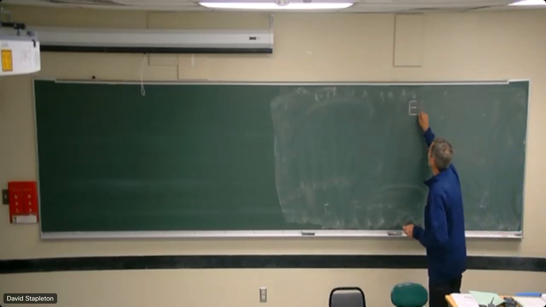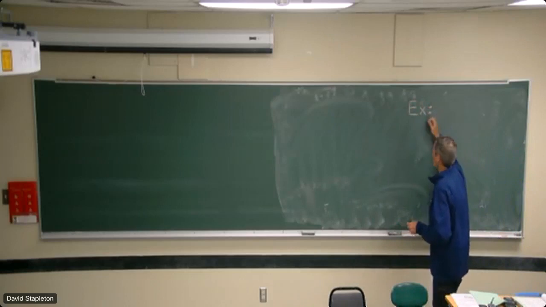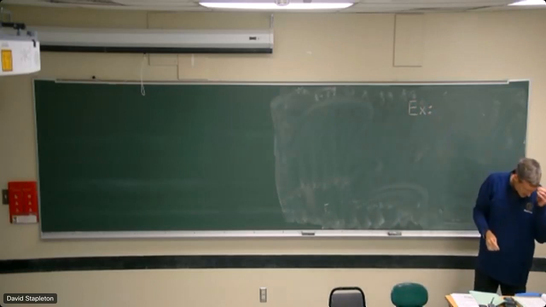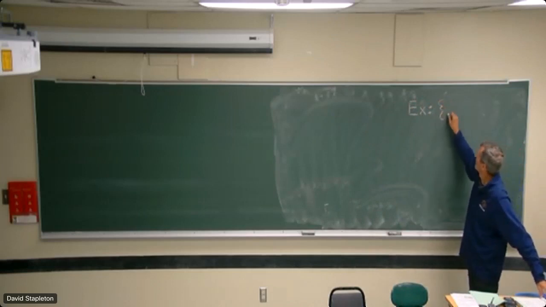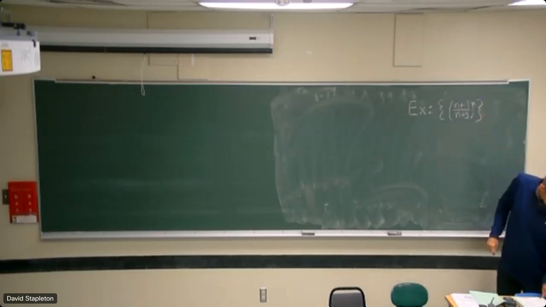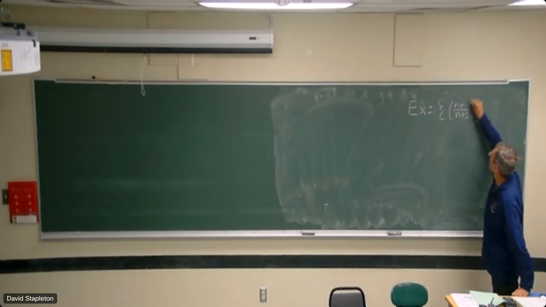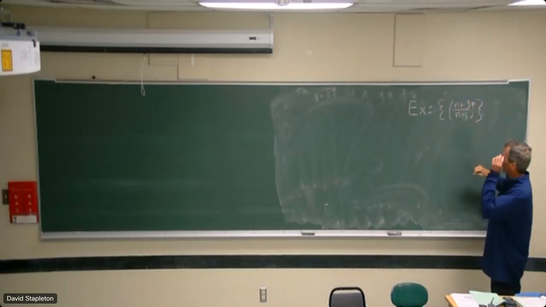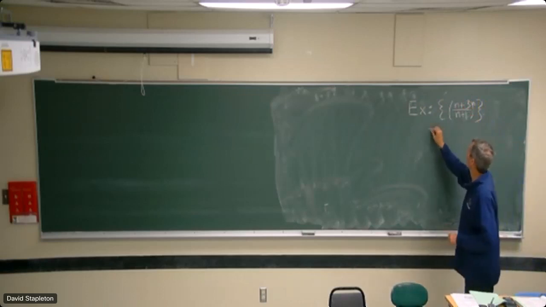All right, so here's an example of evaluating a limit of a sequence. Suppose you have this sequence of numbers, n plus three over n plus one to the nth power. What is the limit of that sequence? So this is the list of numbers.